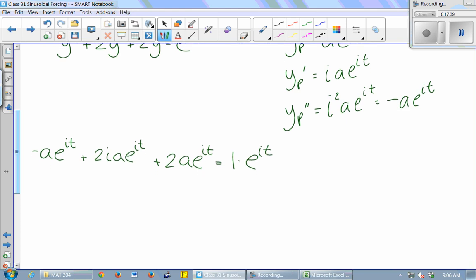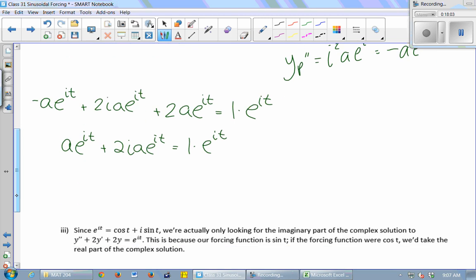I've got some like terms on the left-hand side here. Negative a e to the i t plus 2a e to the i t adds up to a e to the i t. So I've got a e to the i t plus 2i a e to the i t equals 1 e to the i t. If I factor out e to the i t from the left-hand side, I'm left with a plus 2ai.